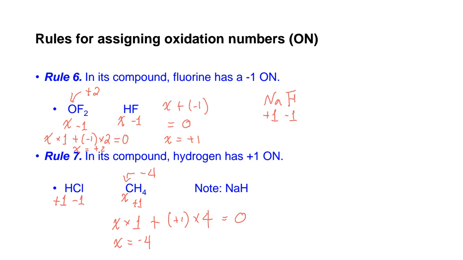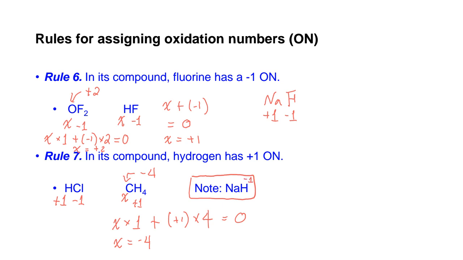But there is an exception for rule number 7. If hydrogen is combined with a metallic element, the oxidation number of hydrogen is supposed to be -1.